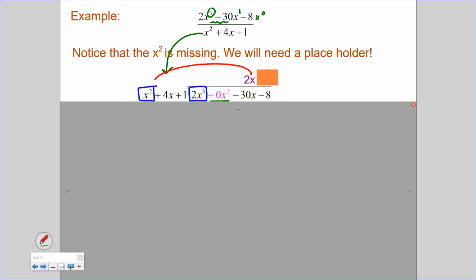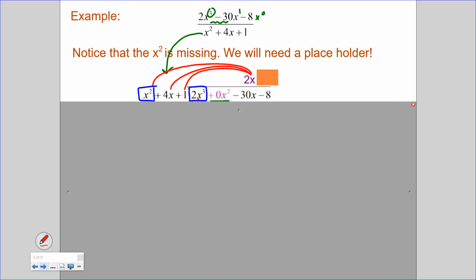2x gets multiplied by every single term outside. So 2x times x squared will be 2x cubed. That will be written under this. 2x times 4x is 8x squared. And here is why we needed the placeholder.